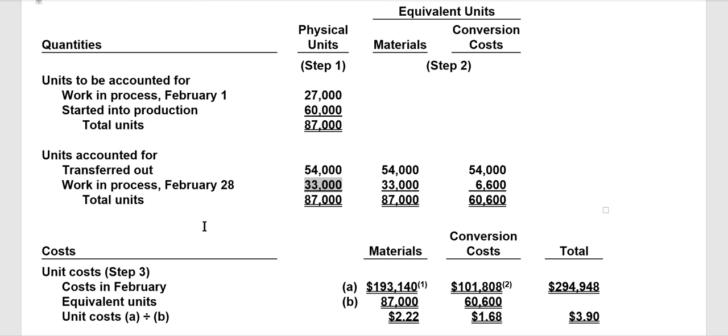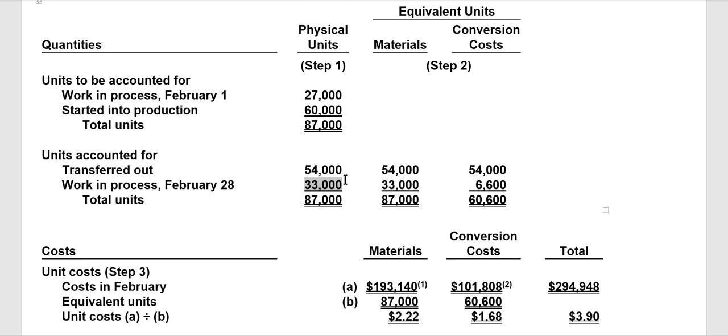However, at this point, we're not going to be factoring those into our problems. And so we account for the 87,000 units, noting that 54,000 were completed or transferred out. We were told that in the problem. And we were also told that 33,000 units were in work in process, which means they were not finished.